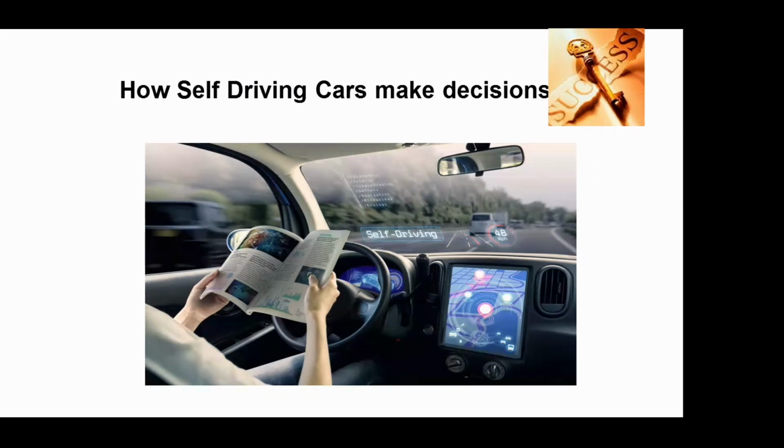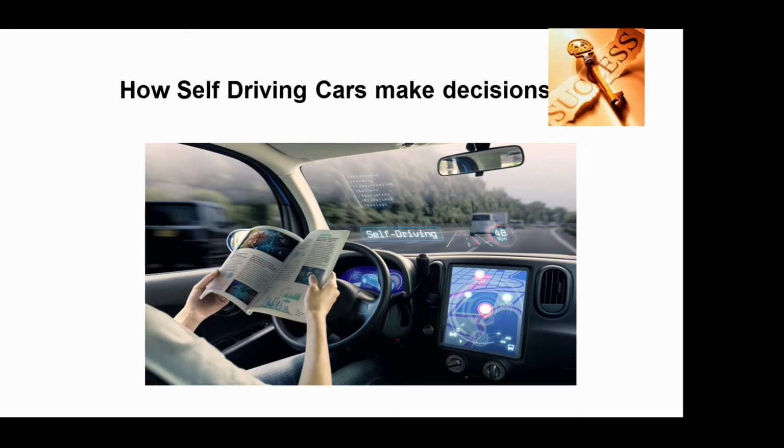So in this image, how self-driving cars make decisions. Self-driving cars means autonomous cars. Okay, there is no need of human intervention. So what are the various ways where these self-driving cars or autonomous cars run on the road?